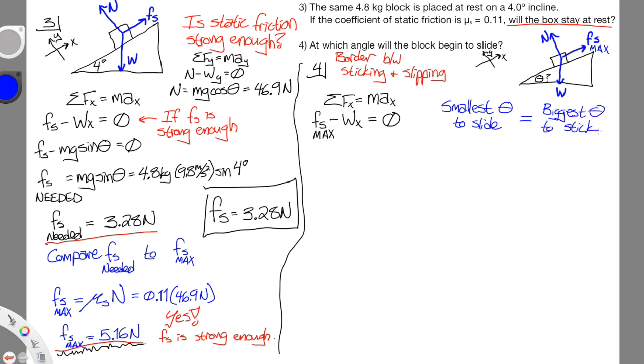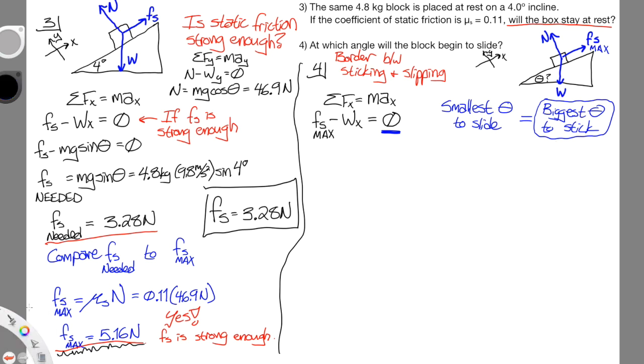The biggest theta to stick is more helpful for our equations because when something sticks, its acceleration is 0. And if the right side of this equation is 0, that makes our life a little easier in the math. So either smallest theta to slide or biggest theta to stick, either will answer the question at hand. I've just chosen the biggest theta for it to stay still so that we can do the math a little easier.